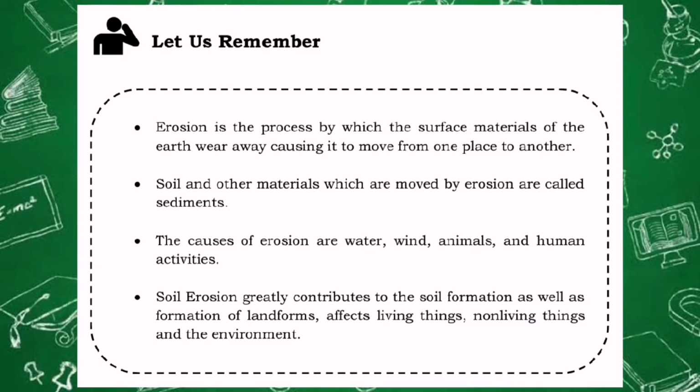Let's sum up our lesson for today. Erosion is the process by which the surface materials of the earth wear away, causing it to move from one place to another. Soil and other materials which are moved by erosion are called sediments.